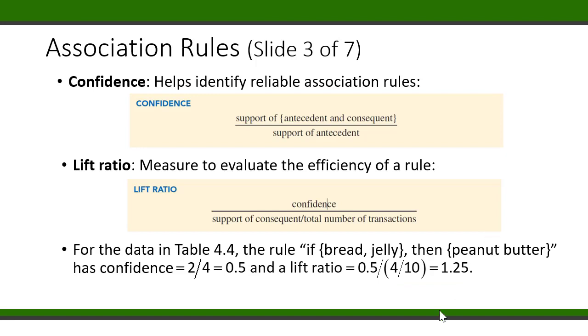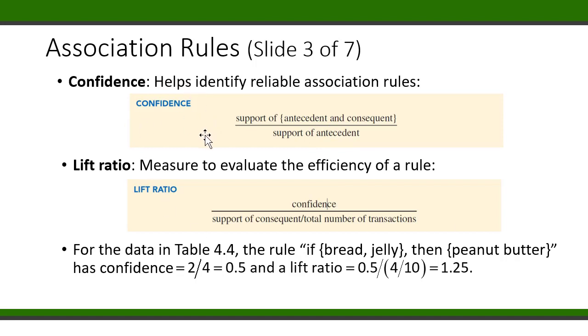We can also measure something called our confidence, which helps us identify reliable association rules. You can view this as the conditional probability that the consequent item set occurs, given that the antecedent item set occurs. So in our case, again, bread and jelly, and then peanut butter, versus the antecedent bread and jelly.